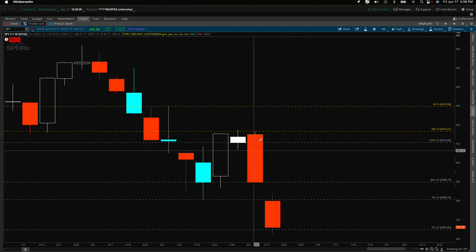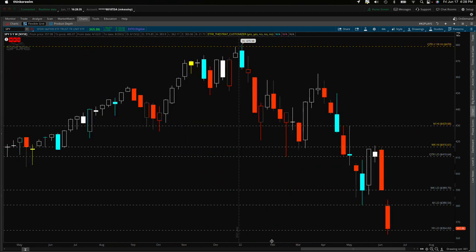So we can see that based on the lines we have on this chart, we want to be probably bullish below the quarterly low and bearish above the weekly high, just based on the highs and lows of those time frames from the yearly, the quarterly, the monthly, and weekly.